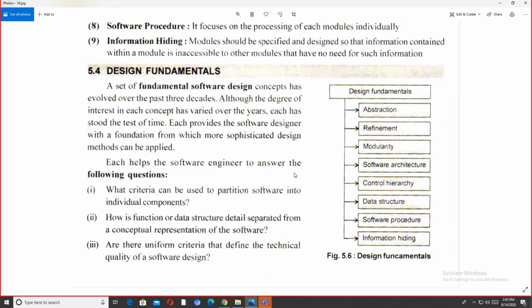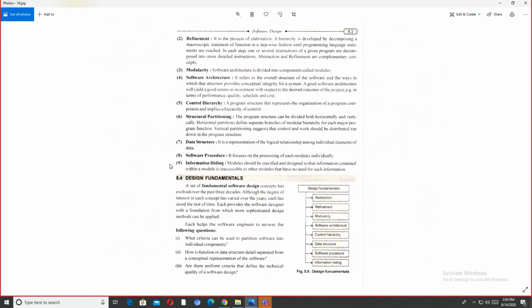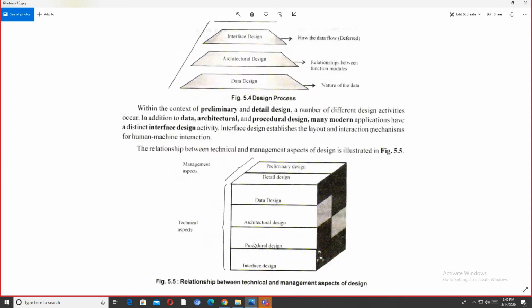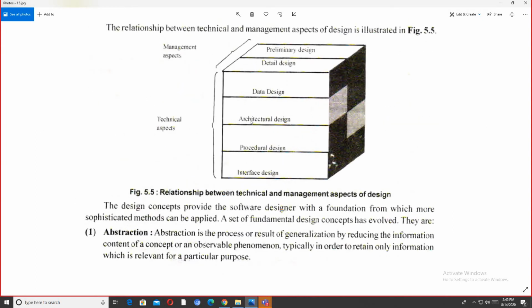So what is abstraction? Let us start from here. Abstraction is the process or result of generalization by reducing the information content of a concept or an observable phenomenon, typically in order to retain only information which is relevant for the particular purpose.